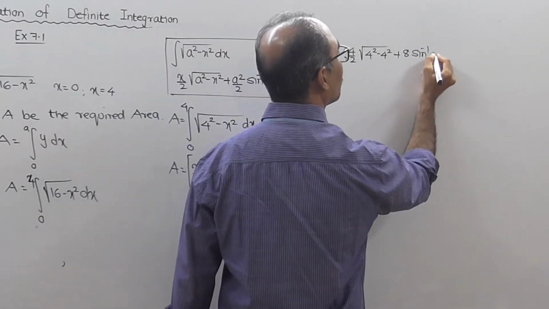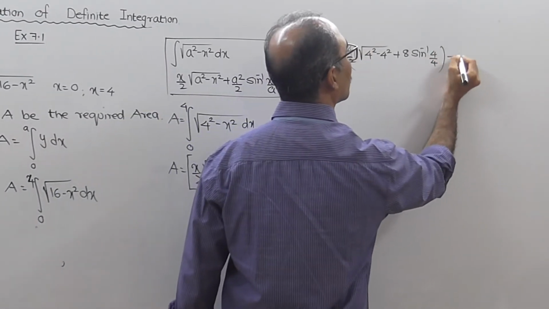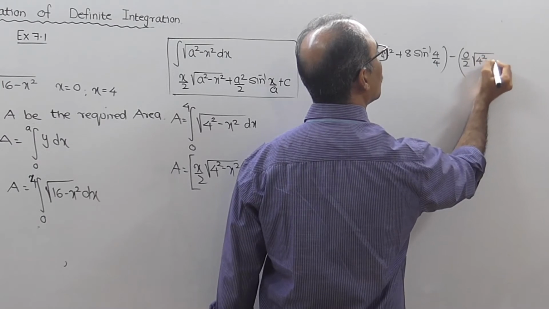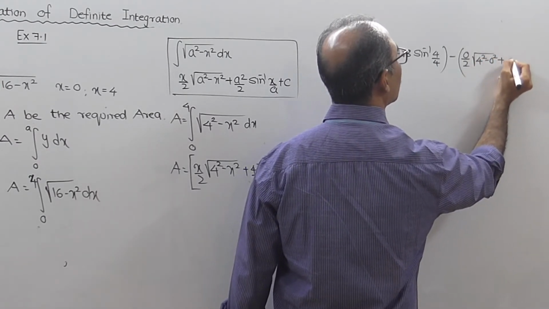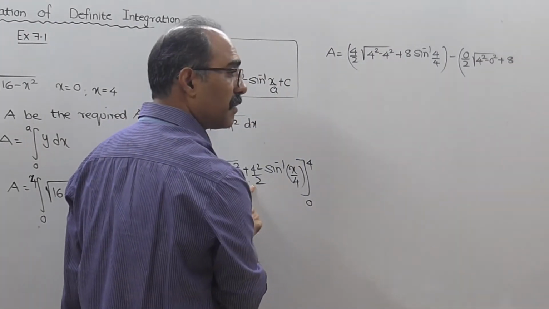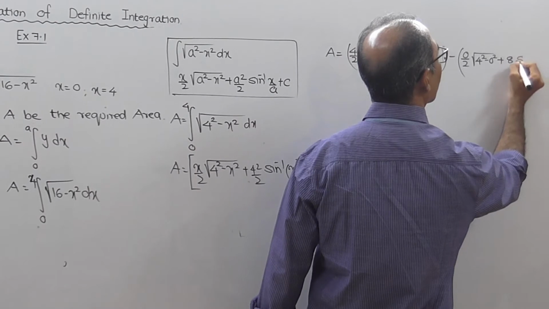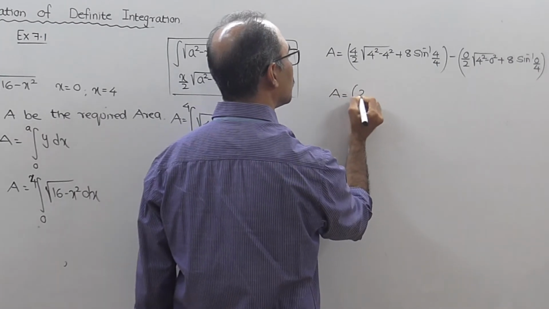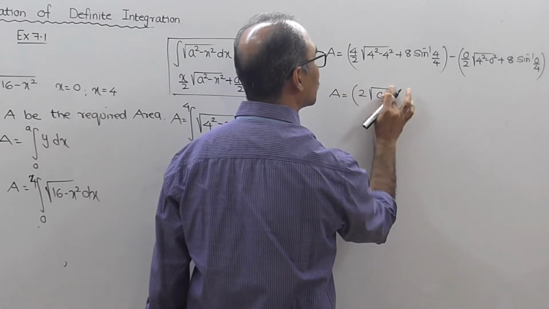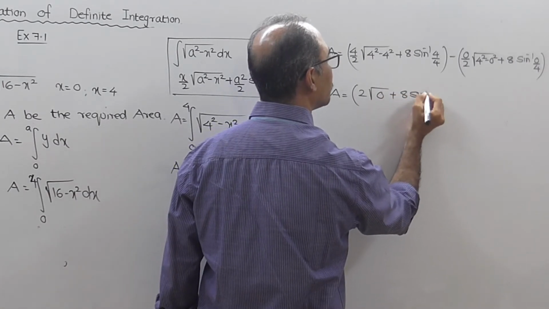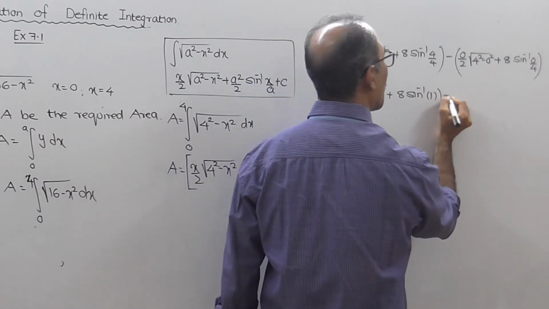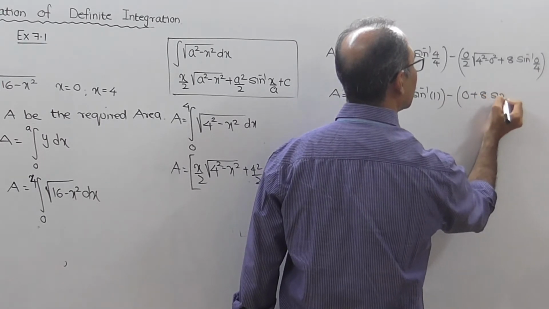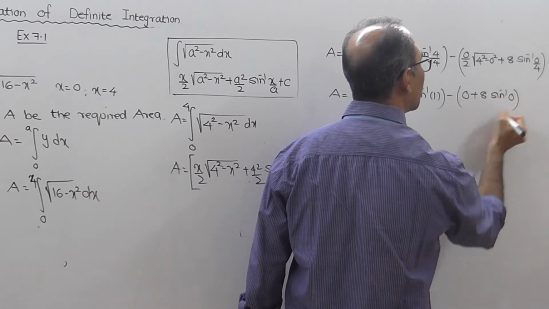sine inverse of 4 upon 4, minus, put x equal to 0: 0 upon 2 root of 4 square minus 0 square plus 4 square upon 2 is 16 upon 2, that is 8 sine inverse of 0 upon 4. 2 root of 4 square is 16, 16 minus 16 is 0, plus 8. 4 upon 4 is 1, minus 0 upon 2 is 0, 0 into anything will give you 0, plus 8 sine inverse of 0 upon 4 is nothing but 0.